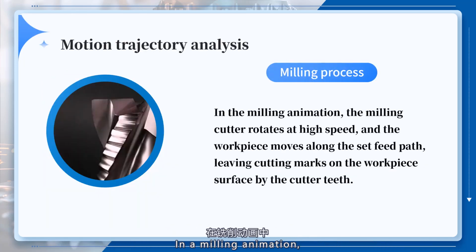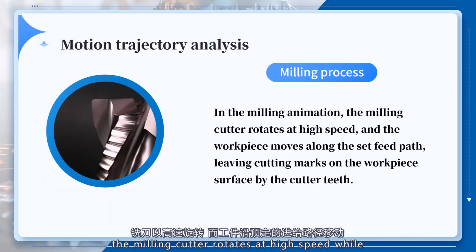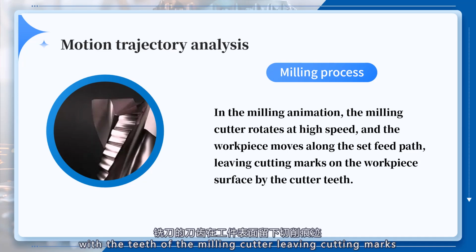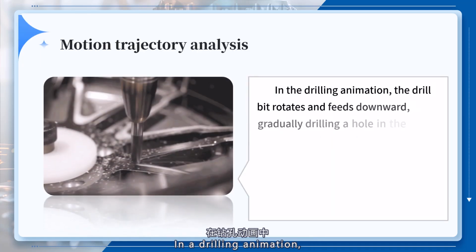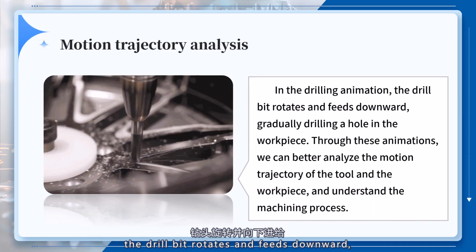In a milling animation, the milling cutter rotates at high speed, while the workpiece moves along a predetermined feed path, with the teeth of the milling cutter leaving cutting marks on the surface of the workpiece. In a drilling animation, the drill bit rotates and feeds downward, gradually drilling a hole in the workpiece.